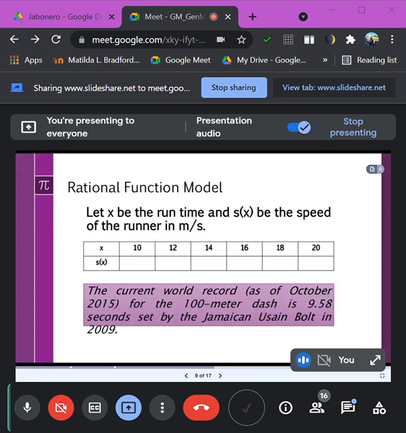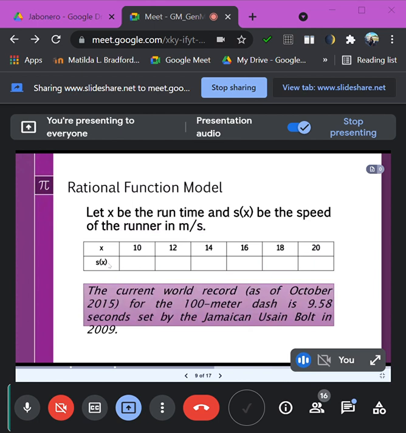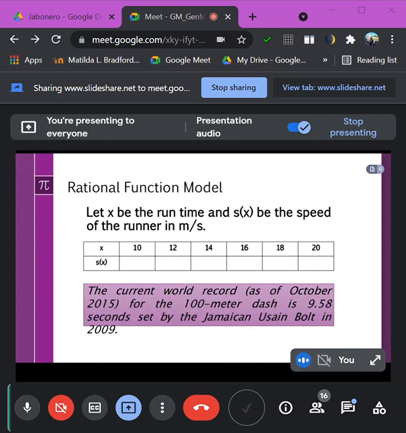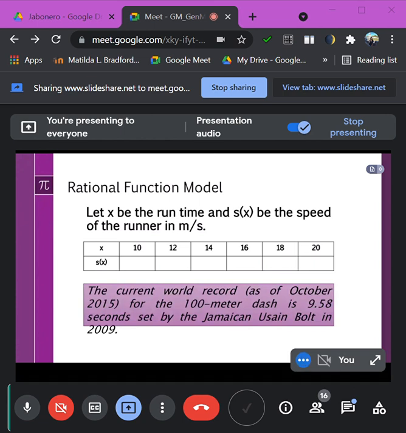Using our rational function a while ago, 100 over x, what is the value of its s of x? Try to compute 100 over x. So we start with 10. What is the value, class? It is 10. Very good.